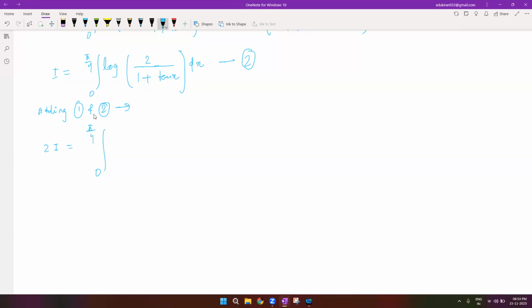As you can see, the limits are the same, so I can directly add the expressions, which is log of 1 plus tan x from the first equation plus log of 2 upon 1 plus tan x from the second equation, into dx. Now this is log a plus log b. Log a plus log b can be combined as log of a into b.